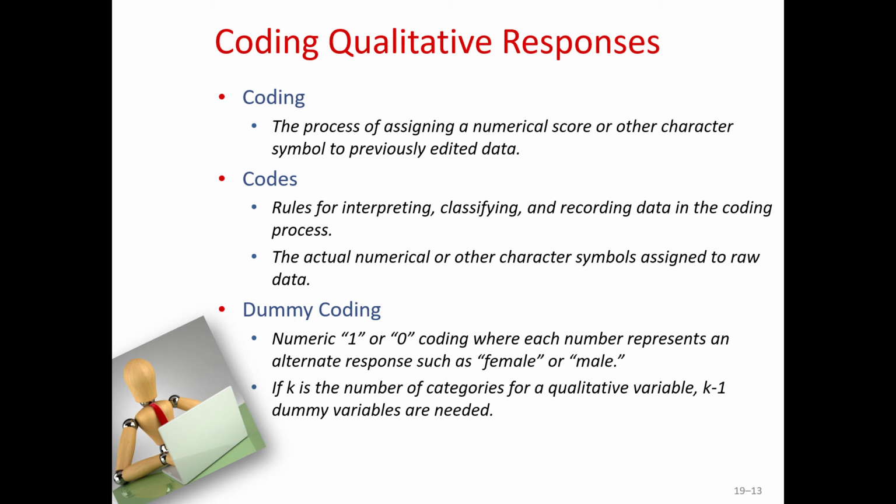Now I go back to the previous slide, and here we have dummy coding, for structured qualitative responses. The previous one was unstructured, now it's structured. Qualitative responses to structured questions, like yes or no, can be stored in data files with the letters Y and N, or can be represented with numbers.